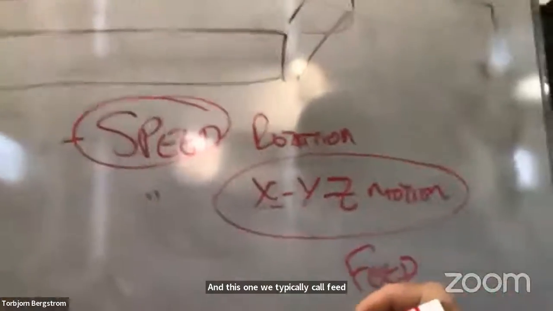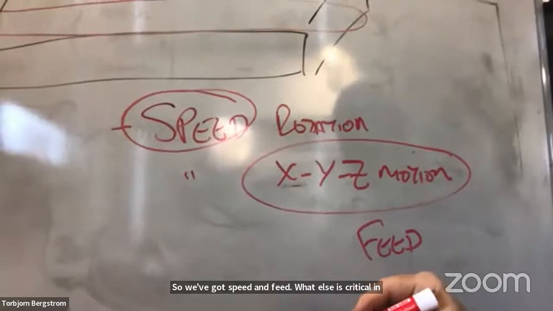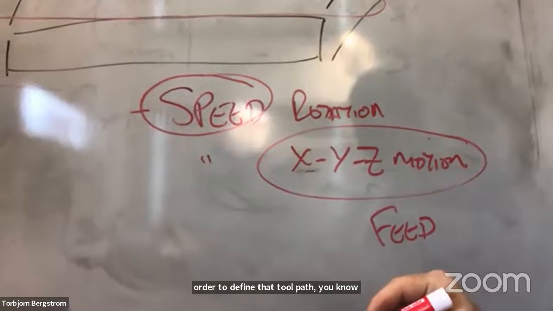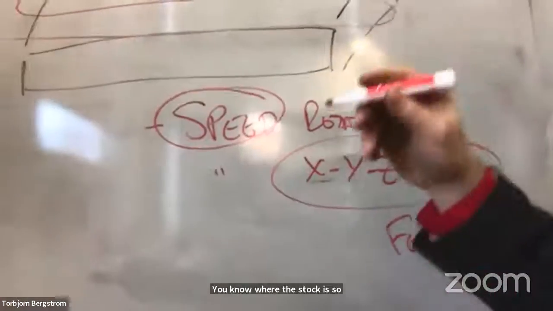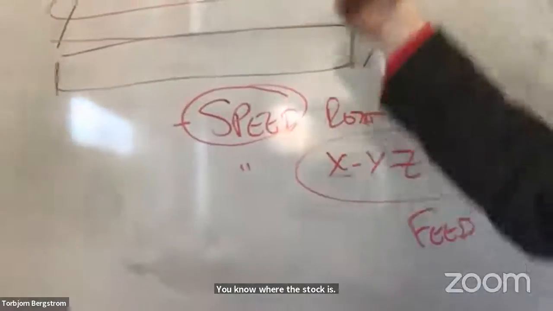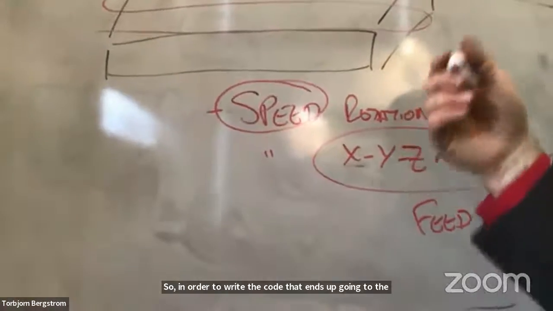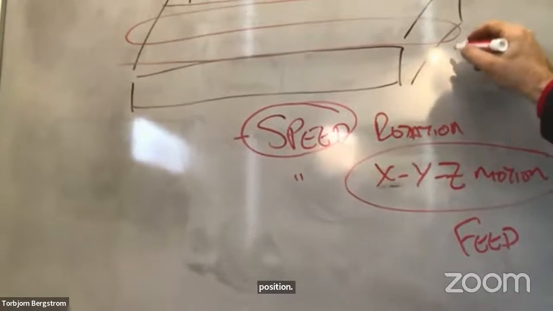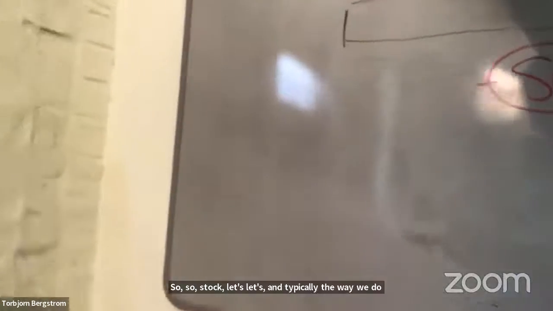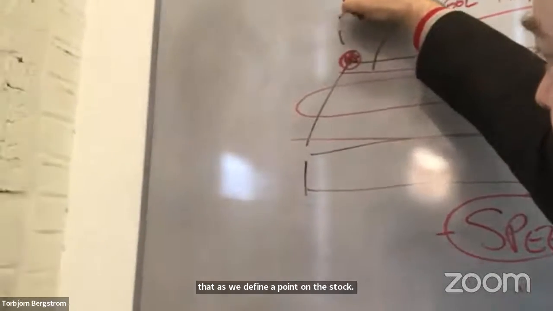What else is critical in order to define that tool path? We need to know where the stock is. In order to write the code that ends up going to the machine tool, we'll definitely need to know where the stock is relative to the tool and the tool change position. Typically the way we do that is we define a point on the stock as our XYZ0.